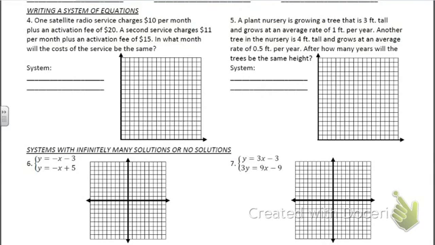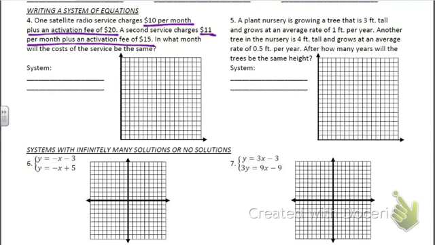So, number 4, one satellite radio service charges $10 per month plus an activation fee of $20. I think that's important. I'm going to underline it. A second service charges $11 per month plus an activation fee of $15. In what month will the cost of the services be the same?